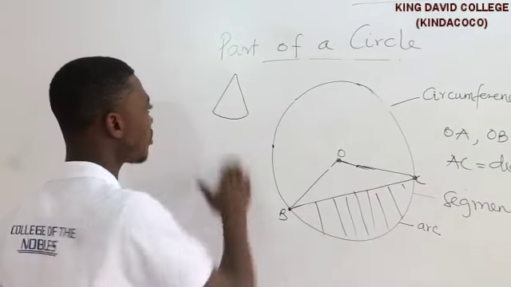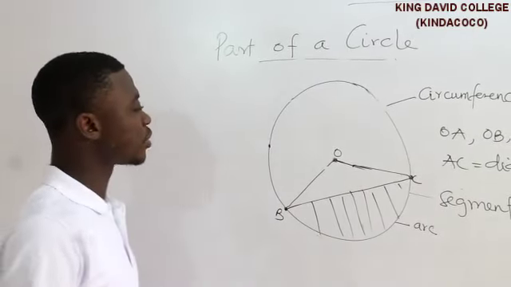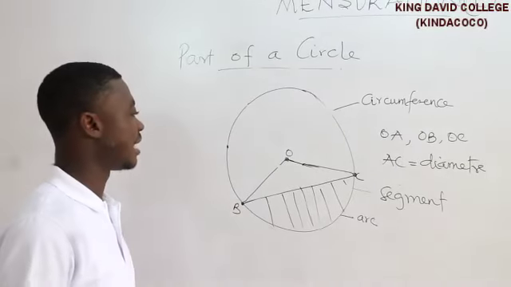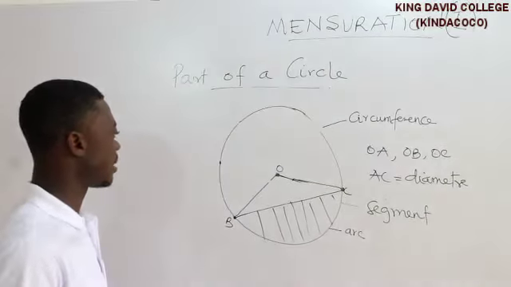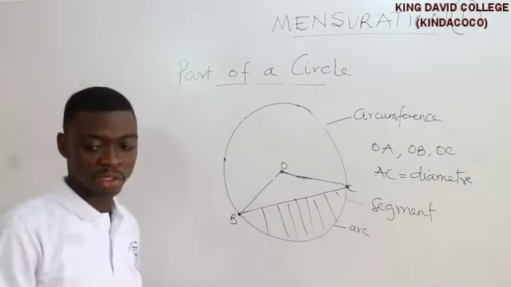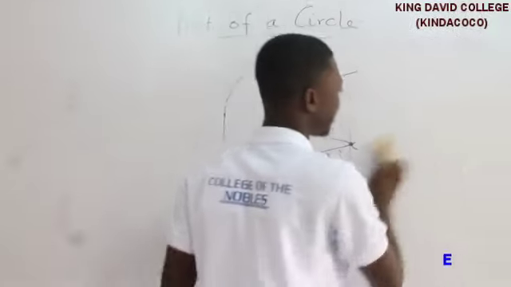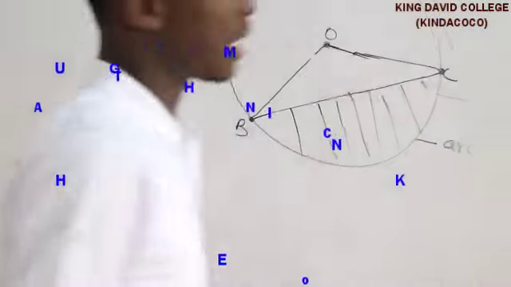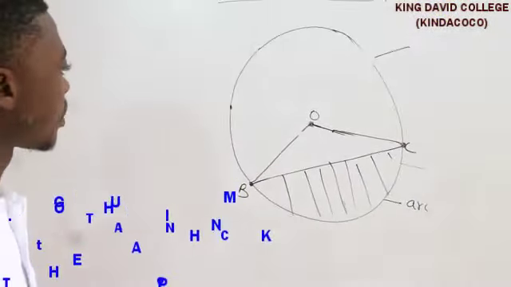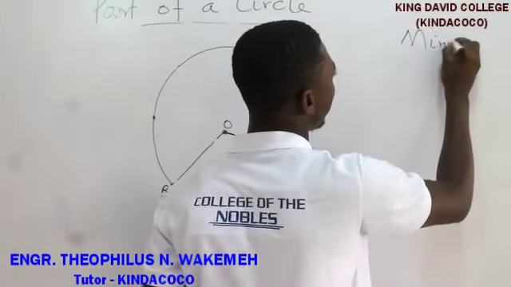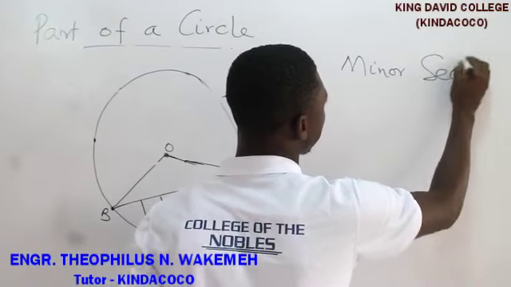Now we need to group them into two, the minor ones and then the major ones. So minor arc, major arc. Let me clean this part here. Then we'll start looking at how these things are placed. So let's start with the minor sector.